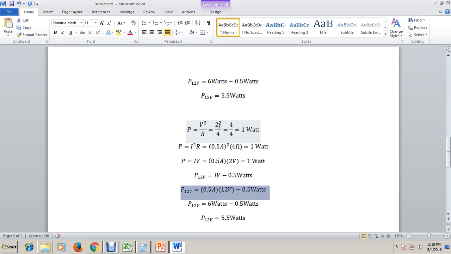Let me just complete the set of the solution. Remember that the voltage across the 4 ohm resistor is given as 2 volts, and 4 here is the resistance. This is actually 4 ohms.